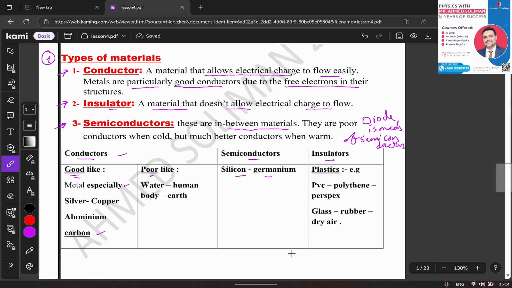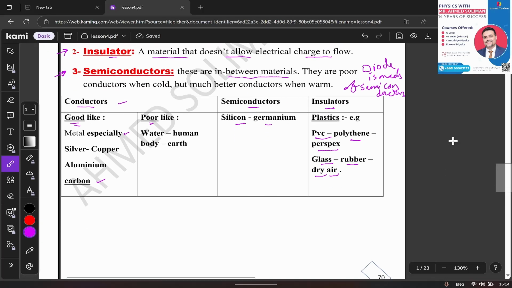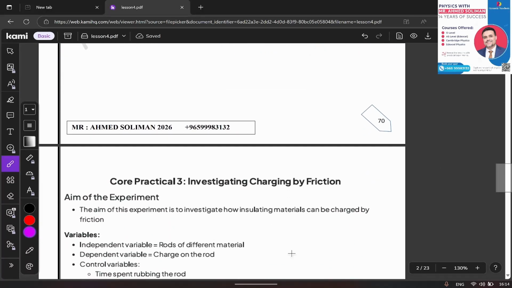Insulators are like PVC, polythene, perspex, glass, rubber, wood, and dry air. All of these are insulators. So, Bara, give me an example of an insulator. Glass. Glass, okay. Ahmed, give me an example of a conductor.